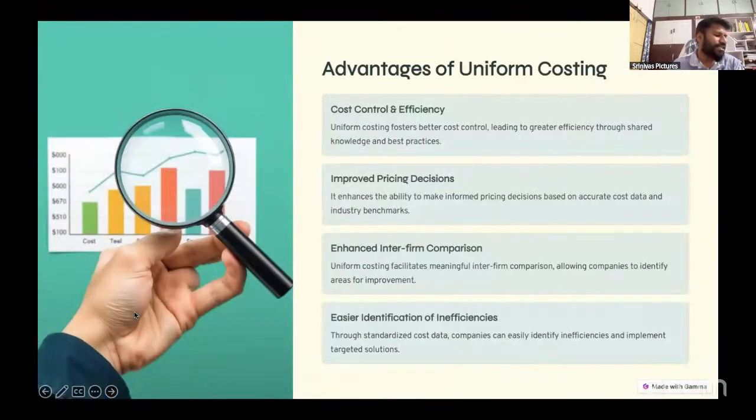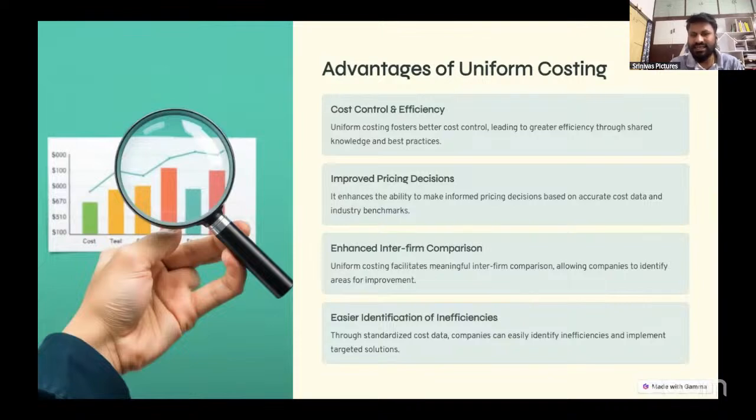What are the advantages and limitations of uniform costing? The advantages of uniform costing: cost control and efficiency. Uniform costing fosters better cost control, leading to greater efficiency through shared knowledge of best practices. When you implement uniform costing, you are able to control costs and improve efficiency and pricing decisions.